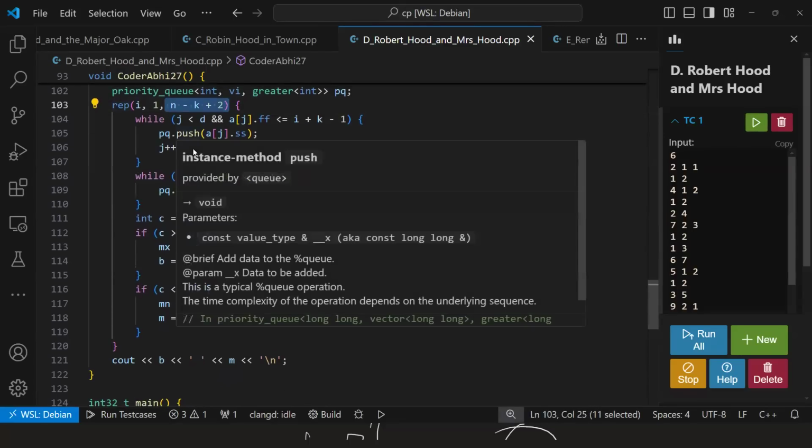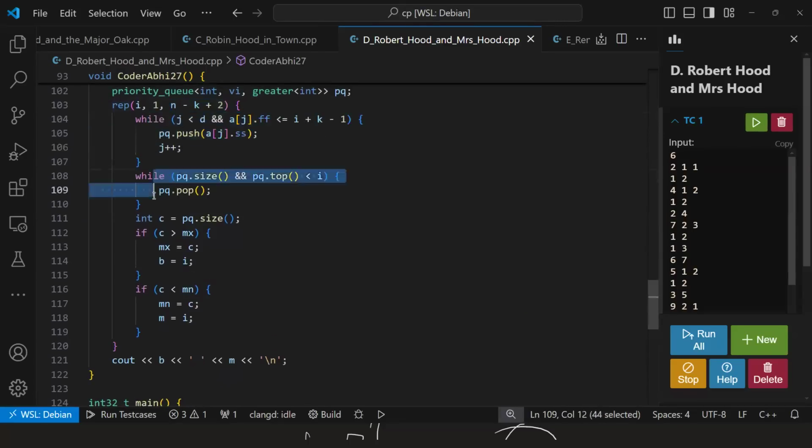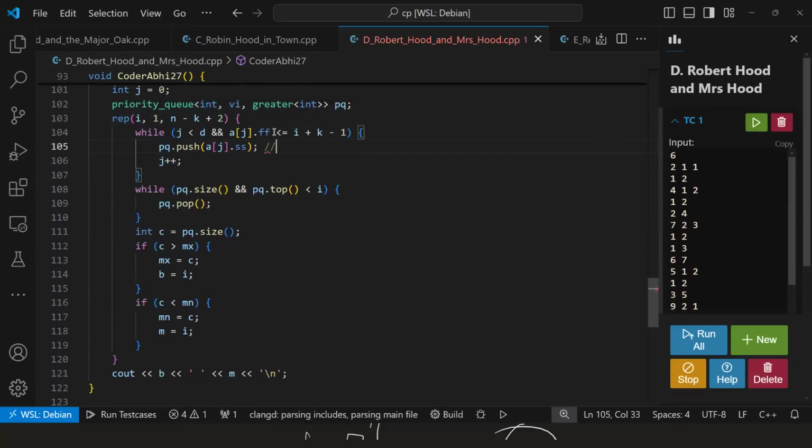And n minus k times what I'm doing, there are two while loops, but it is a two pointer kind of thing. I'm pushing a[j] and then j plus plus. So at max, this push operation is running d times in total, which means a time complexity of d log d.